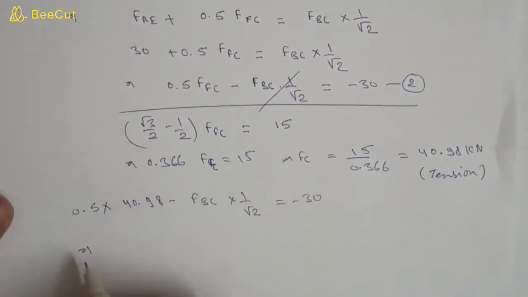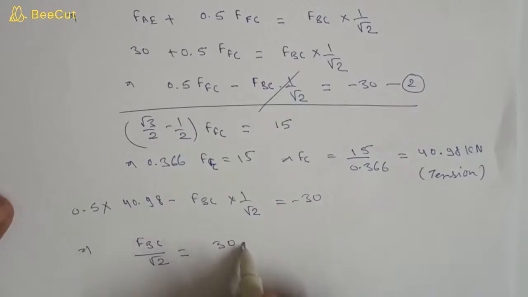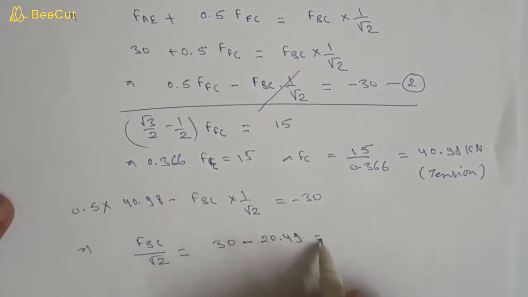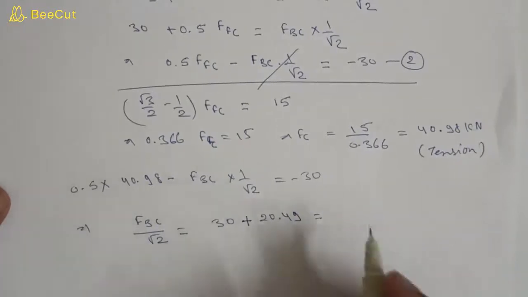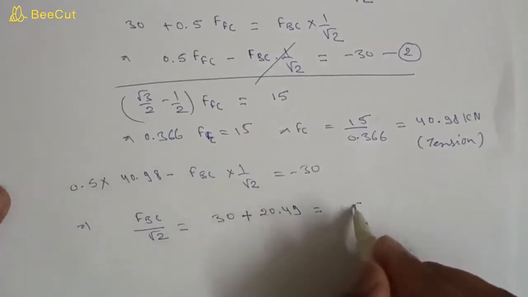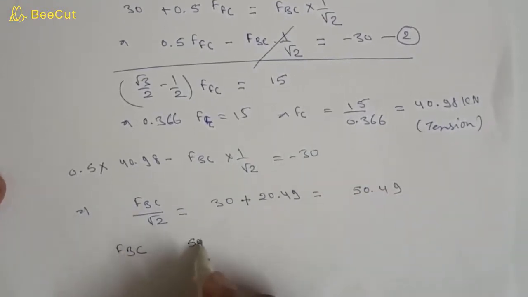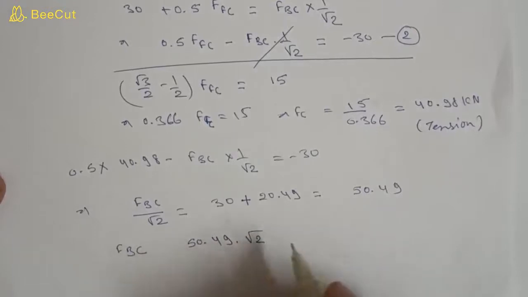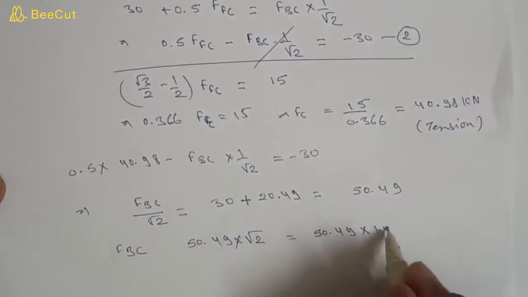If you do that, then you will get FBC by root 2 is equal to 30 plus 20.49, which is 50.49, and FBC will become 50.49 into root 2, which is 50.49 into 1.414.